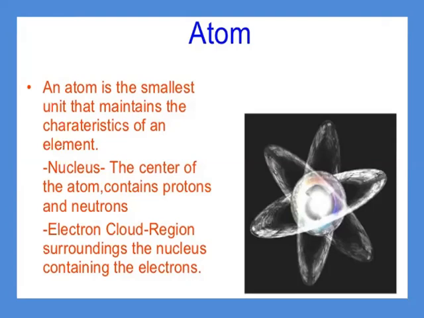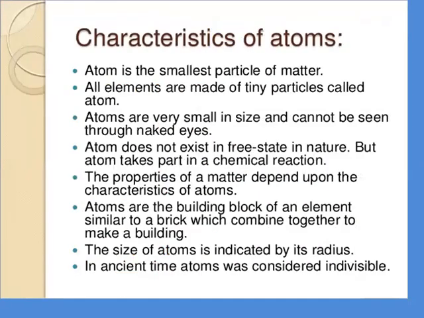The nucleus, the center of the atom, which contains protons and neutrons, and the second part, the electron cloud region, surrounding the nucleus and containing the electrons. When we discuss the characteristics of atoms, there are a few points which are common to every atom present in different forms of matter.